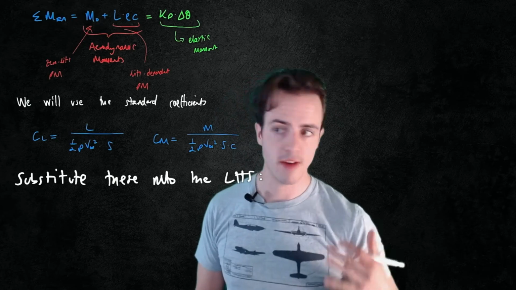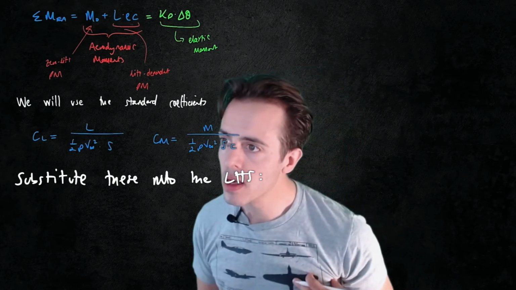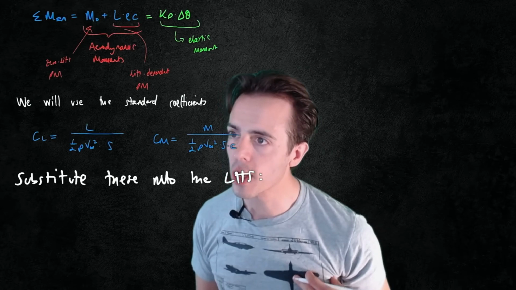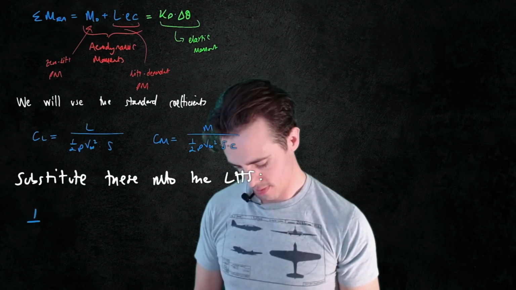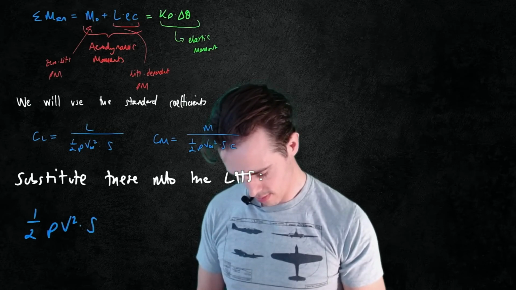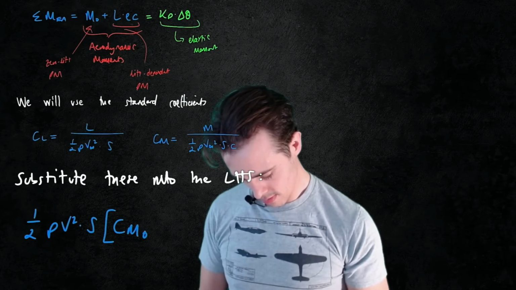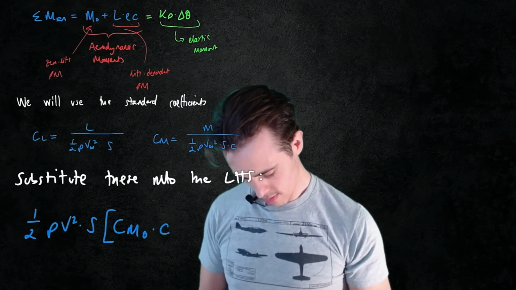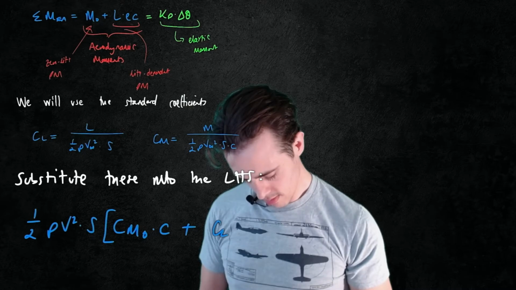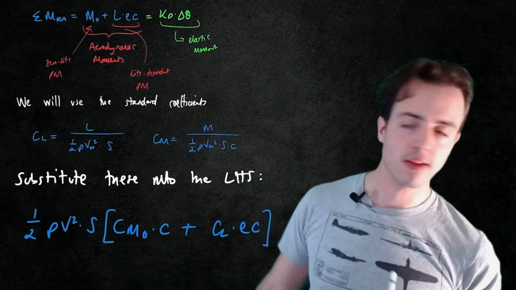I can see that I'm going to have a half rho v squared s in both of them. Okay, so I've just put these two things into the left-hand side.